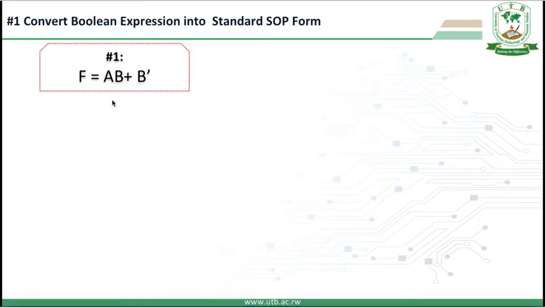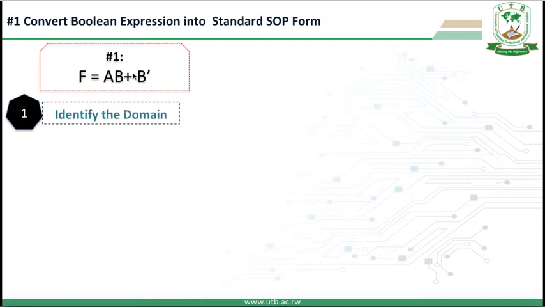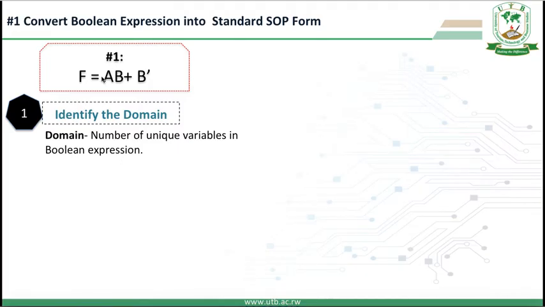So you can look at how to solve this step by step. To convert into the canonical form or standard SOP form, you have to first identify the domain. What is the domain? Domain is nothing but the number of unique variables in the Boolean expression. So what are the variables available in this given Boolean expression? A, and B and B complement considered as one variable.